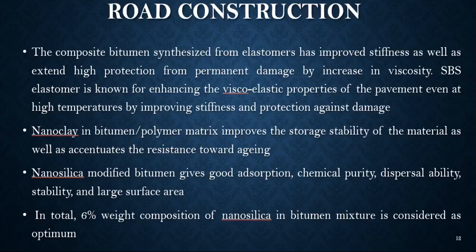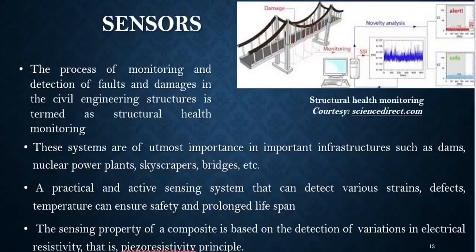In total, 6% weight in a nano bitumen mixture is considered the optimum value of nanosilica. So, even by using smaller quantities of nanosilica, smart composites, the properties of the bitumen mixture can be enhanced and used for road construction.